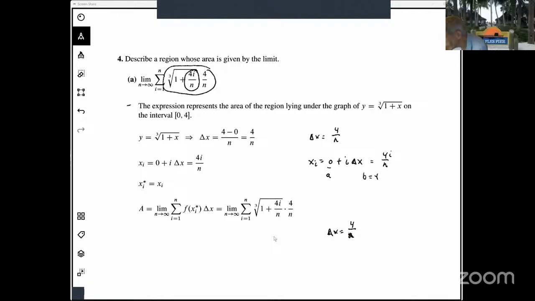Right. And the first value I was thinking of was, if my left endpoint was 0, that thing under the cube root sign would be 1. So I was thinking the function could be the cube root of x and the interval 1 to 5.